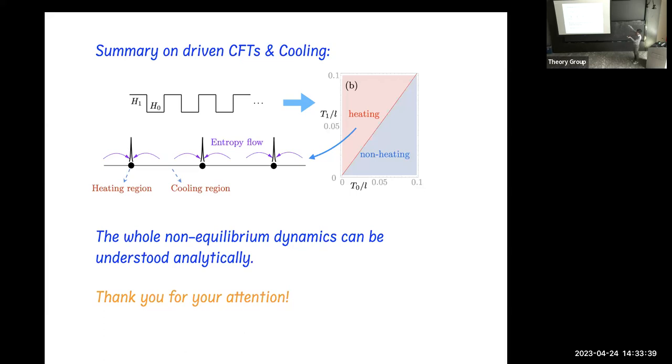When you do this driving, only several low exciting states will be occupied, and they will simply oscillate there. However, for this heating phase, in the Fock space, the system will evolve to higher and higher energy levels.